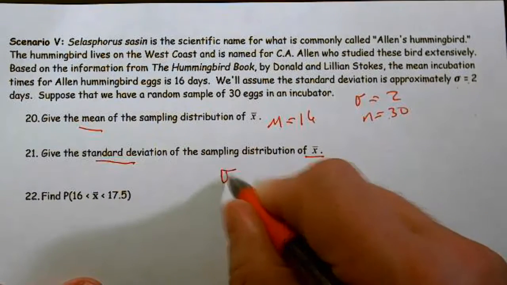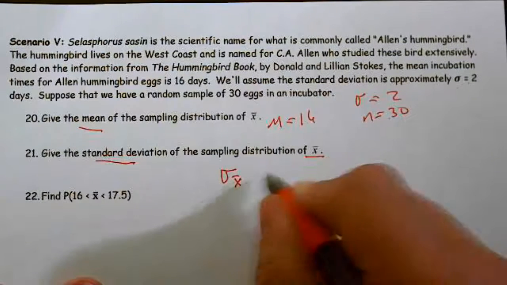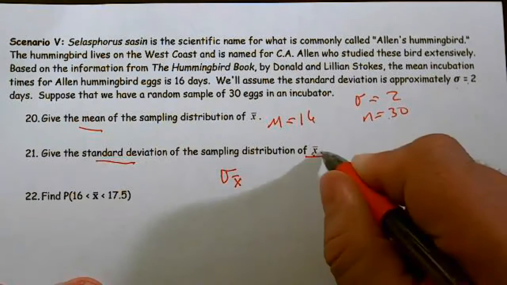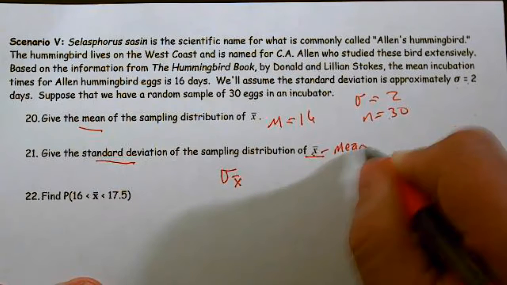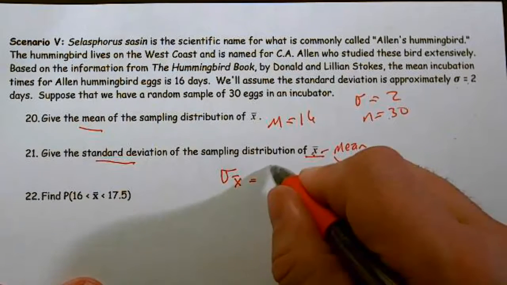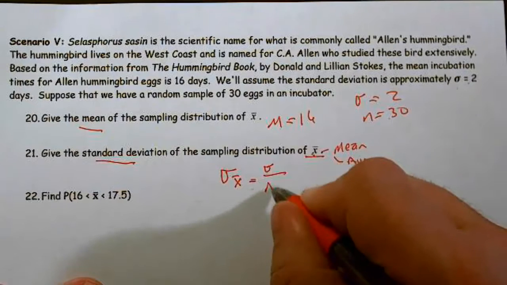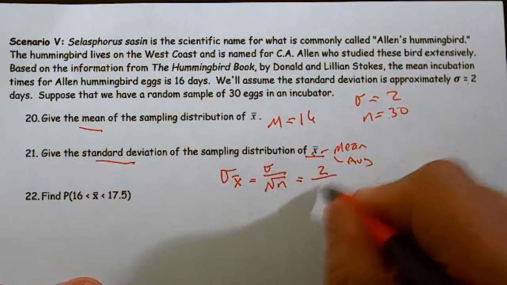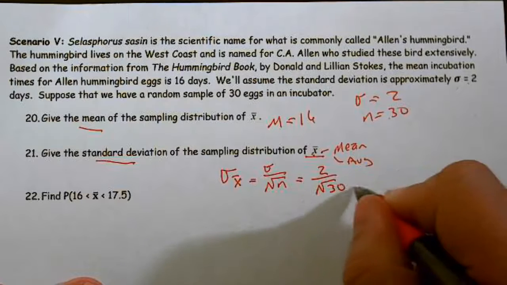The standard deviation of the sampling distribution of the X bar is the standard deviation of the population divided by the square root of n. So in this case, 2 divided by the square root of 30.